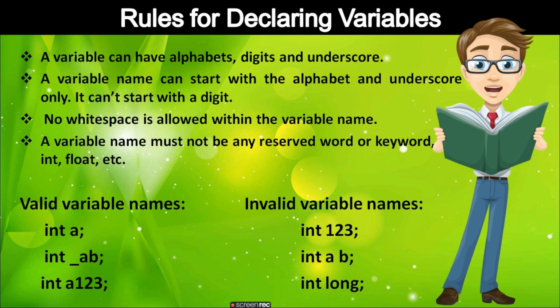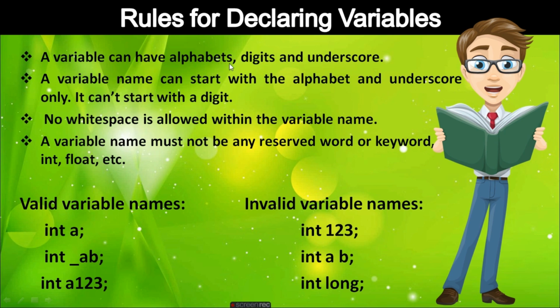Let us understand some of the rules for declaring a variable. In the previous video, in C tokens, in the identifiers concept, we have seen this example, valid variable names and invalid variable names. One more time, there are rules for declaring a variable.